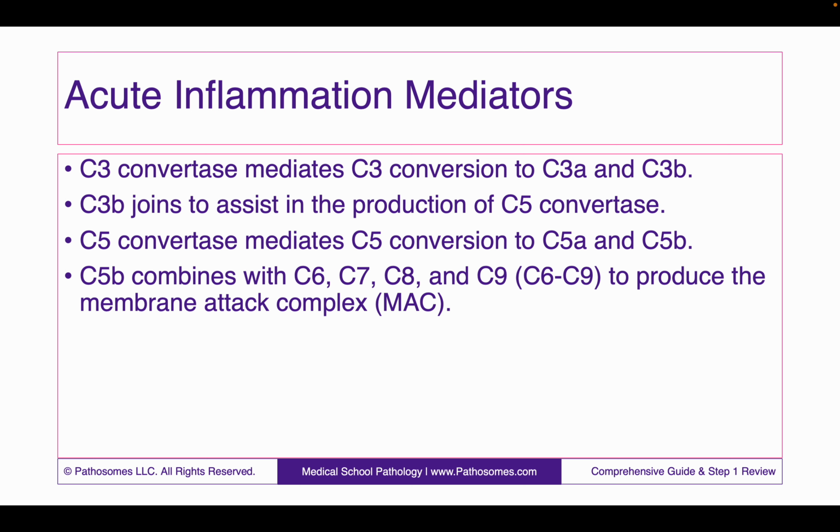That C3b joins to assist in the production of C5 convertase. That C5 convertase mediates C5 conversion to C5a and C5b. And that C5b, bear with me now, combines. What does it combine with? It combines with C6, C7, C8, and C9 to produce the membrane attack complex.